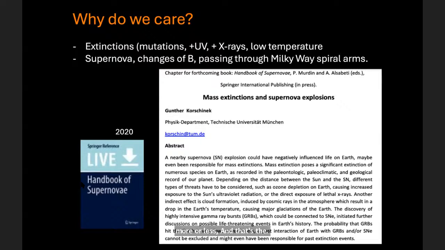And as I said, cosmic rays could also change the number of clouds on Earth, and that could get the temperature lower until life will not survive. So they are taking measurements, making studies, and trying to see if this was one of the reasons or not.